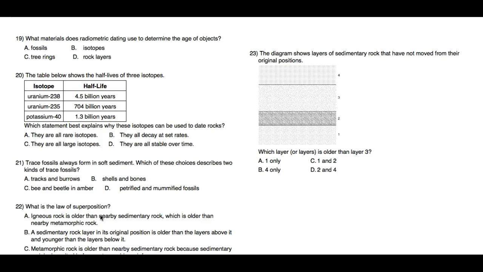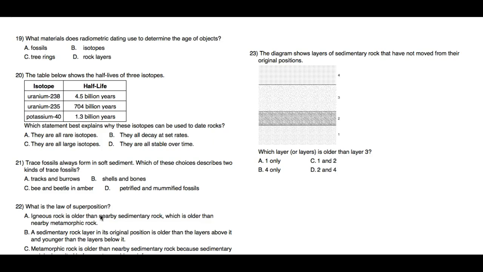Question 20 has the following table. Isotope, uranium-238, half-life 4.5 billion years. Isotope, uranium-235, half-life 704 billion years. Isotope, potassium-40, half-life 1.3 billion years.